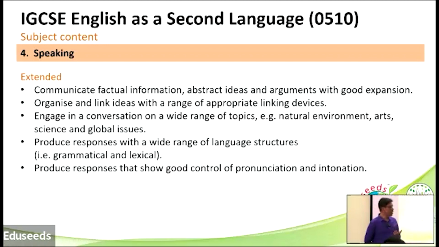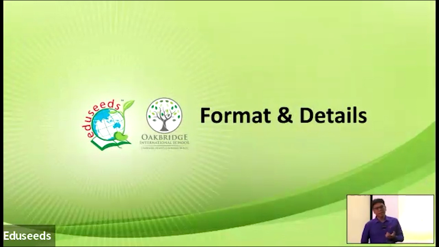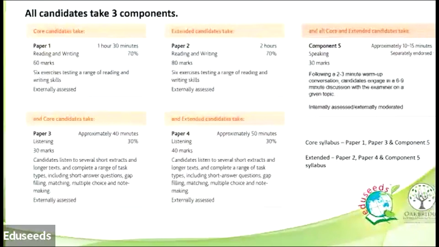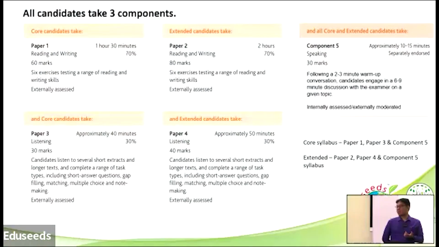All right, moving to the next part, is format and details. So all candidates will take 3 components. We'll be looking at the middle column for the extended paper. Extended candidates will take paper 2, paper 4, and component 5, which is the speaking component.